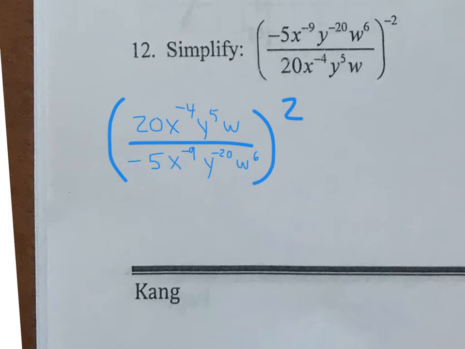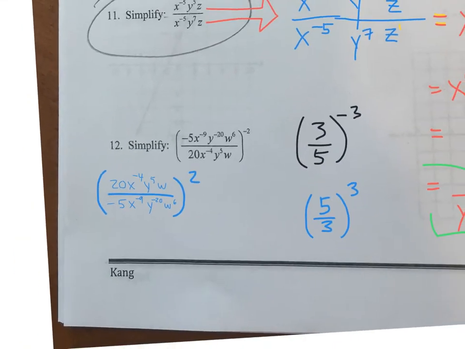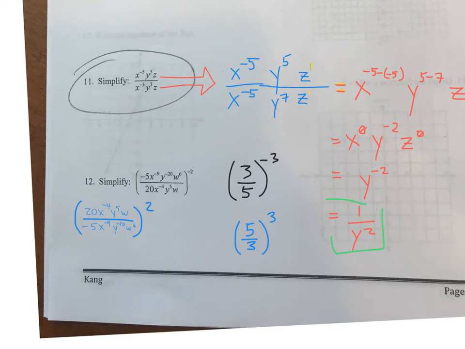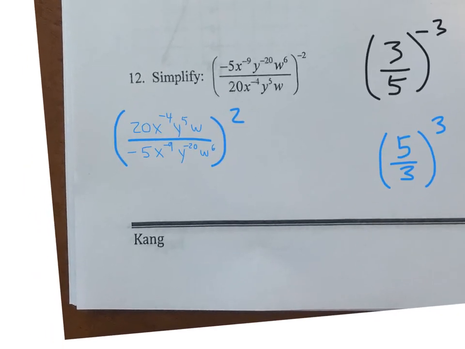Now, what do I mean by take things from there? What I mean is simplify all this stuff in pretty much the exact same way that we did up here. Simplify it. And then you're going to come up with something at the end of that that is a little simpler, and you're still going to have a 2 on the outside. And I can kind of tell right now what it's going to be.